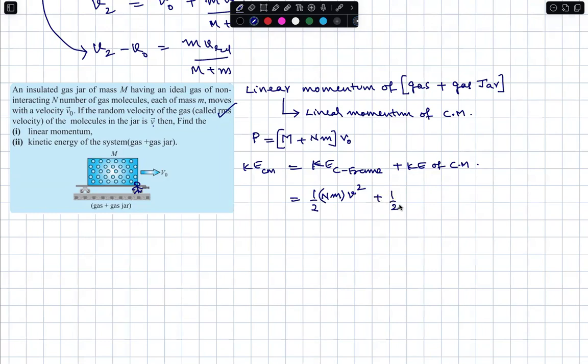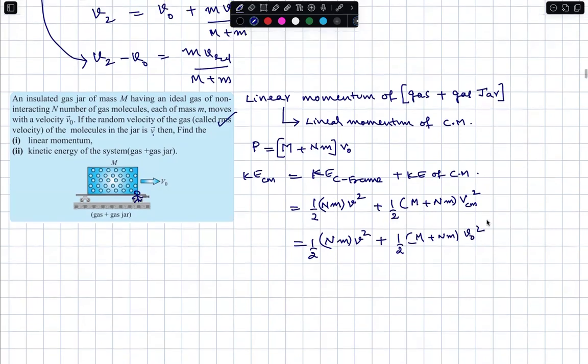Plus what is the K of the center of mass? The total mass of the system times V center of mass squared. That's all, one single step.